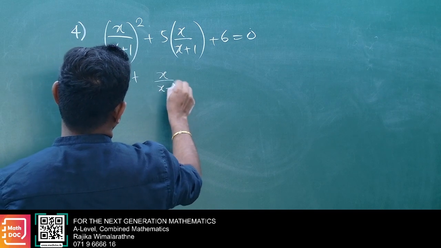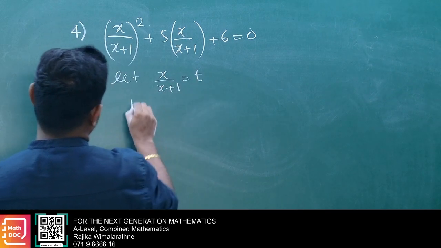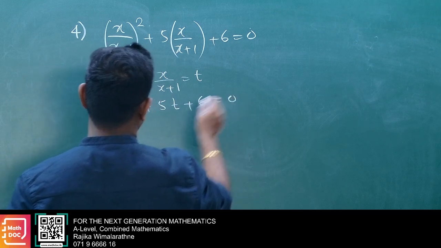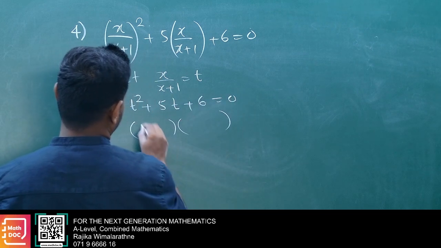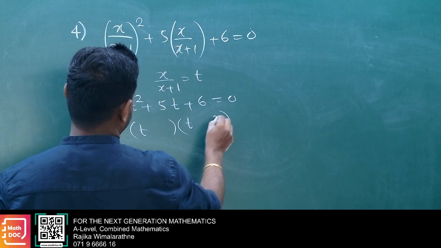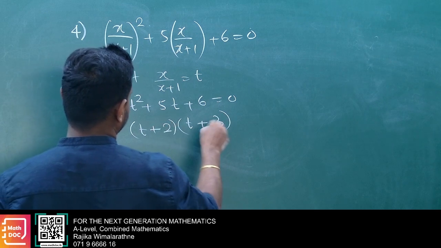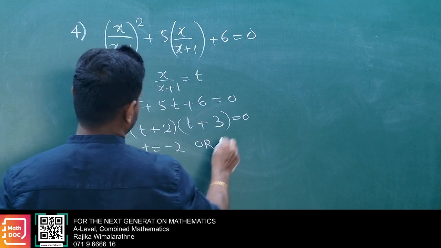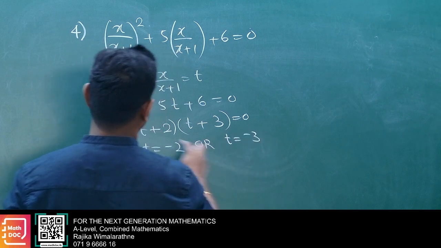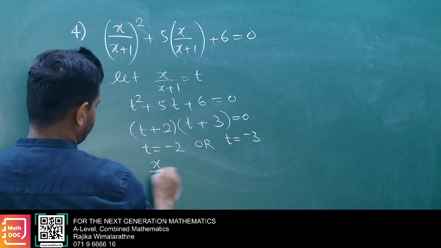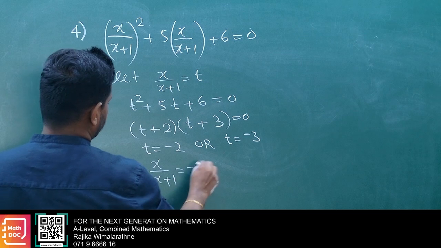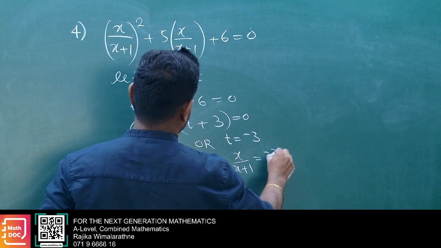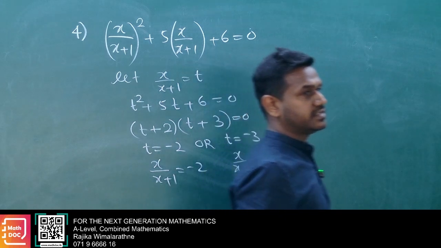X over x plus 1 equal t, then t square minus 5t plus 6, t minus 3, t minus 2, 0, then t equal 2 or t equal 3, then we know x over x plus 1 equals 2, x over x plus 1 equals 3. Then solve.